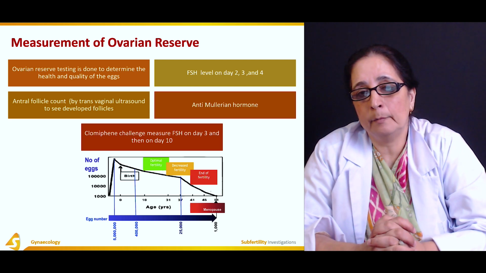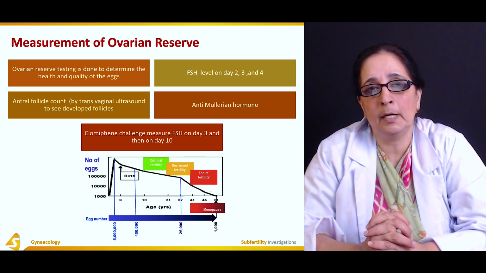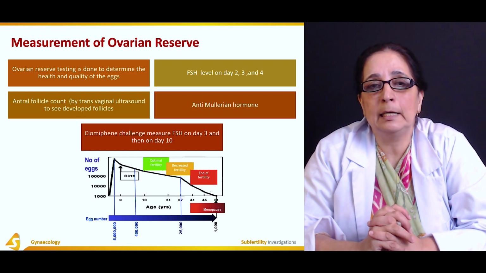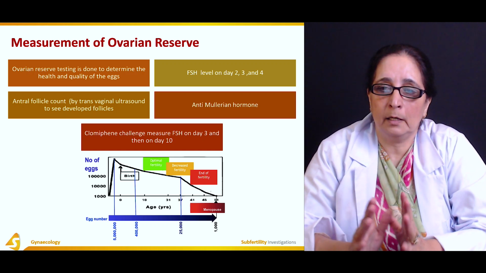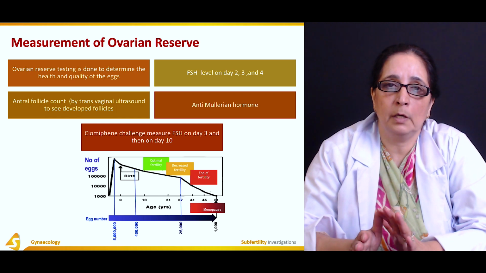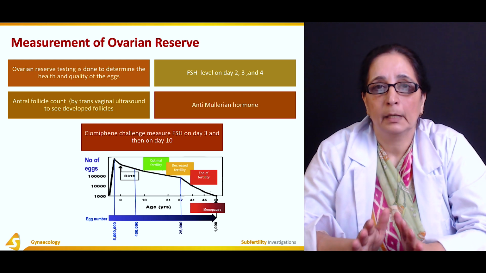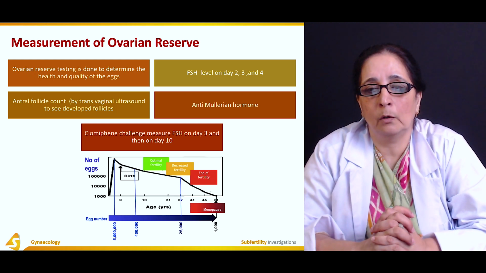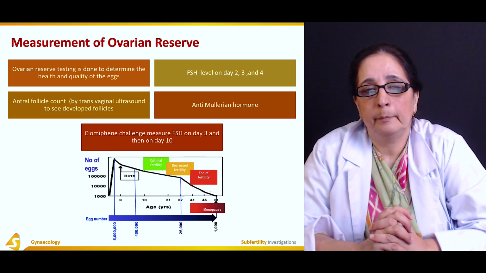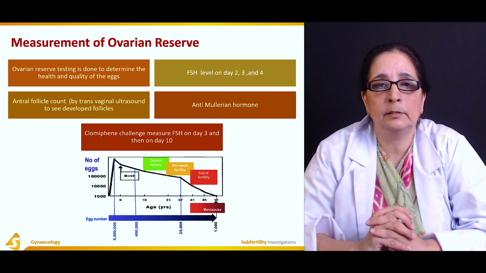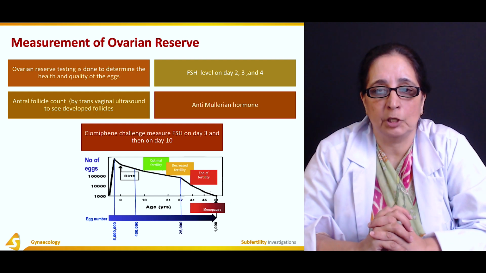And then anti-Mullerian hormone measurement. This is the hormone produced by the mature follicle. So if it's in enough amount, that gives the idea that the ova or eggs are in good amount or in good health to cause fertilization.